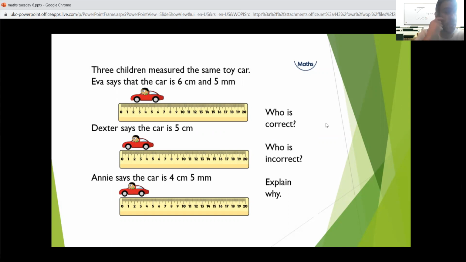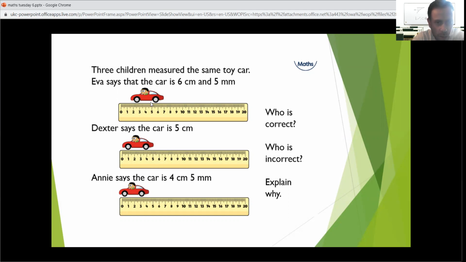All right, so we had three cars that were the same, but three children measured them all differently and got different lengths for them. The right answer was Dexter. Dexter was right with 5 centimeters. Eva's done it wrong. She said 6 centimeters and 5 millimeters, which is over here, but she's not measuring it from the right sort of place.